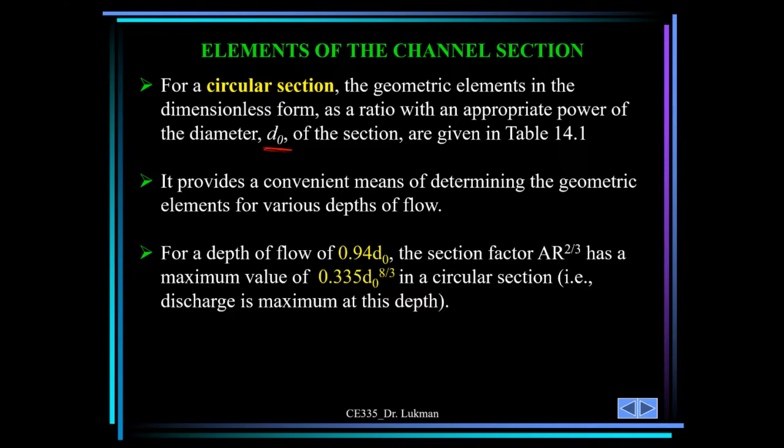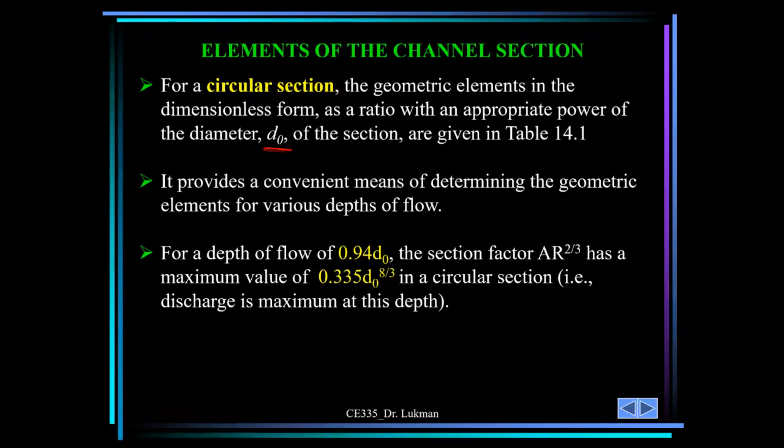It provides a convenient means of determining the geometric elements for various depths of flow. And like I told you, for wastewater flow, which is considered to be an open channel, although we use pipes, we usually use the dimensionless form.